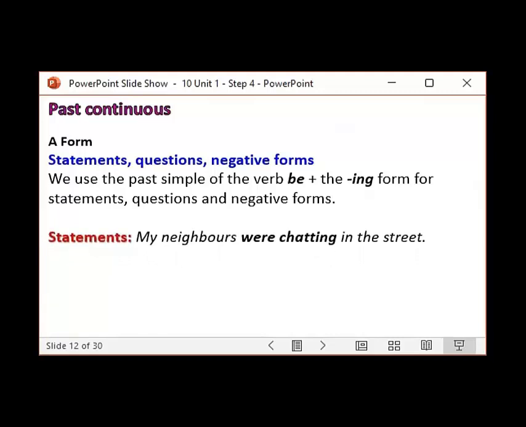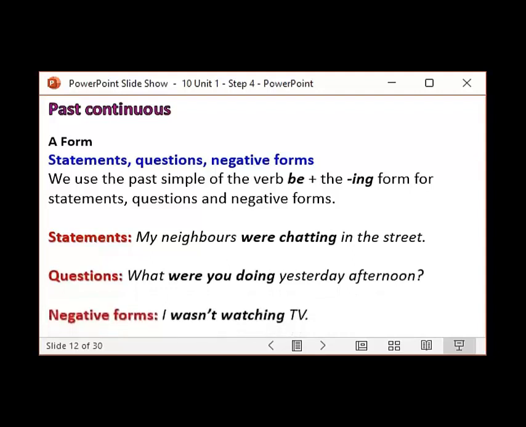My neighbors were chatting in the street. What were you doing yesterday afternoon? Negative form: I wasn't watching TV.